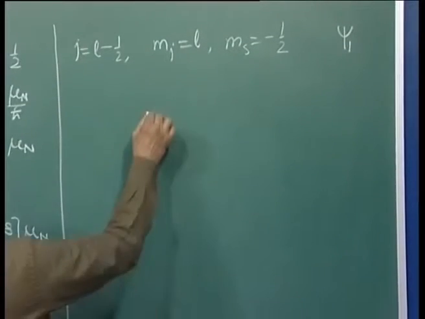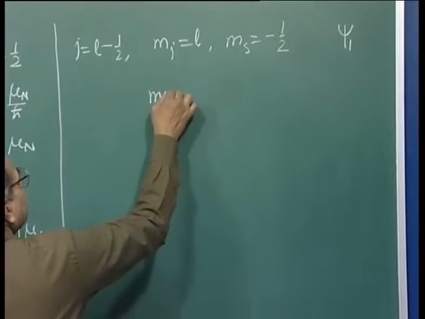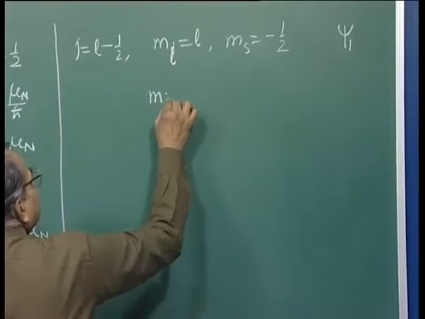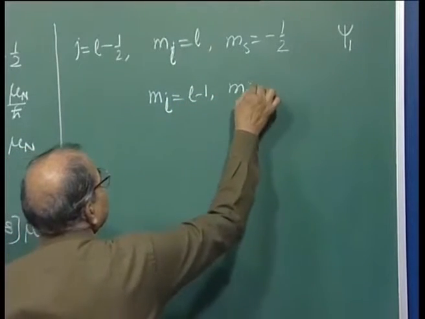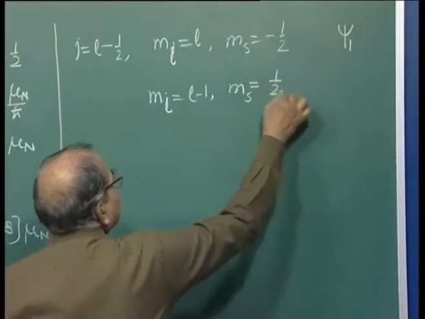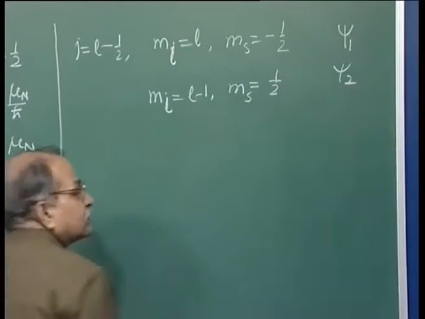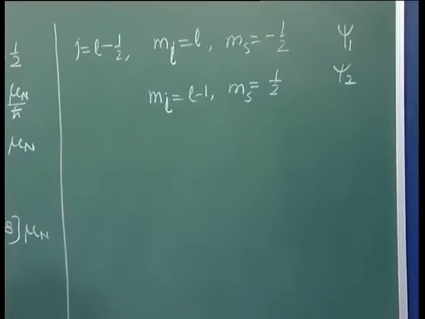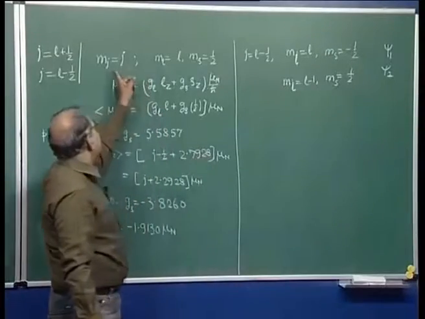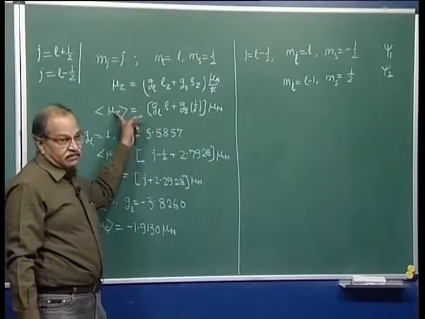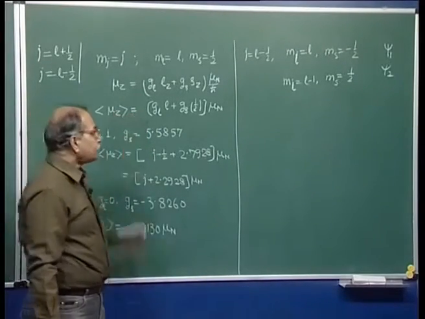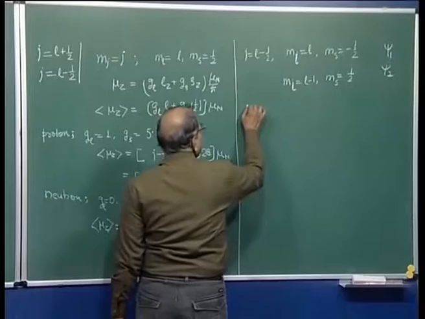The other possibility was that ml was L minus 1 and Ms was plus half, and we call this psi 2. This is the order, because we are looking at Mj equal to J states in which this expectation value has to be taken.